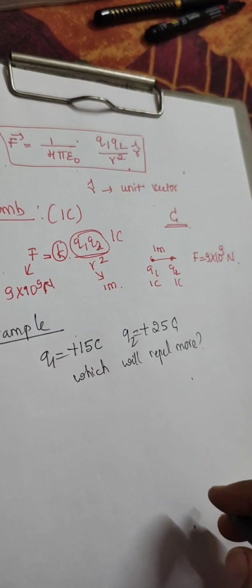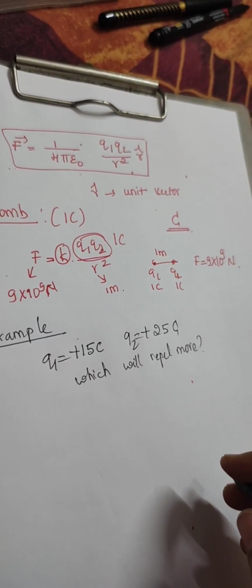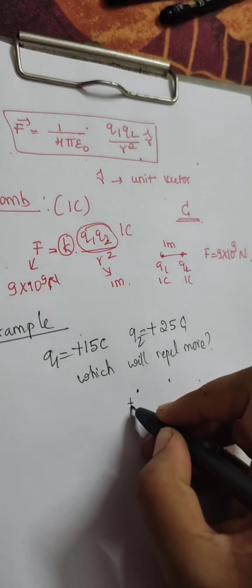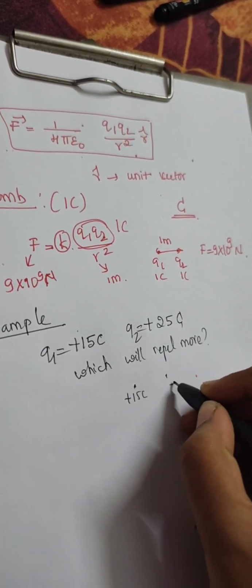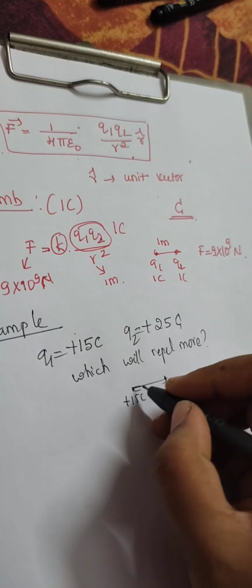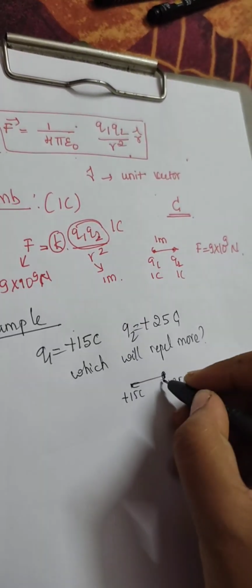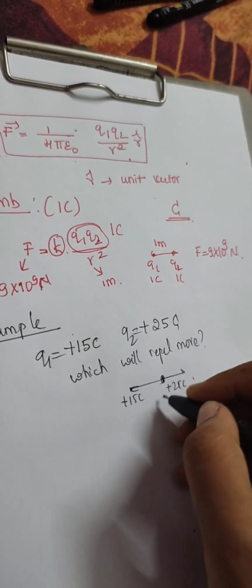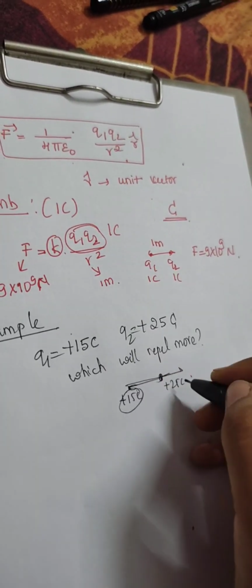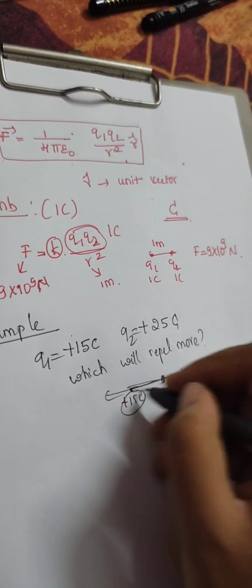According to Coulomb's law, the forces are equal and opposite, right? If there are two charges, here plus 15 coulomb, here plus 25 coulomb, the forces exerted are equal and opposite. The same amount of force with which the 25 coulomb repels this one is the force with which this one repels it.